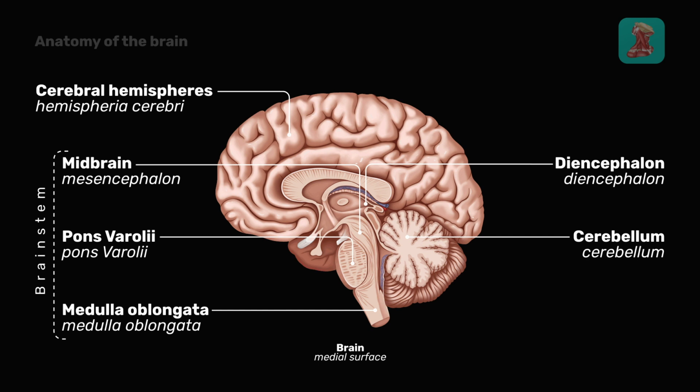Alright, here's a quick summary. The brain consists of four major divisions: the cerebral hemispheres, the diencephalon, the cerebellum, and the brainstem. In turn, the brainstem is divided into three parts: the midbrain, the pons, also known as the pons varolii, and the medulla oblongata.